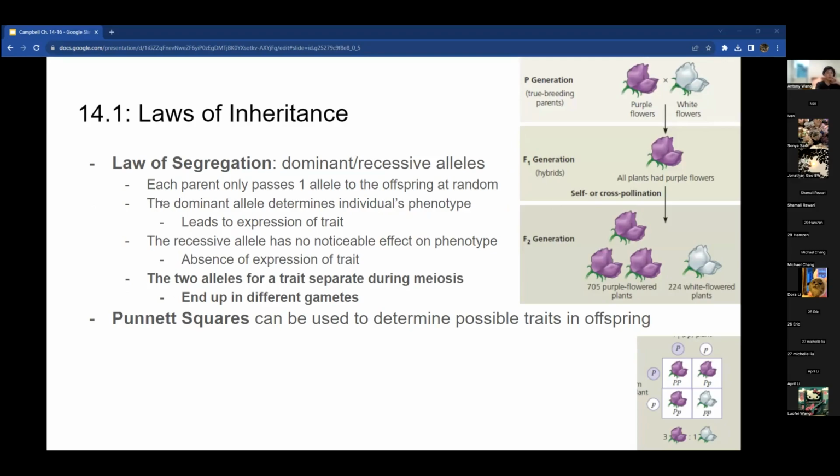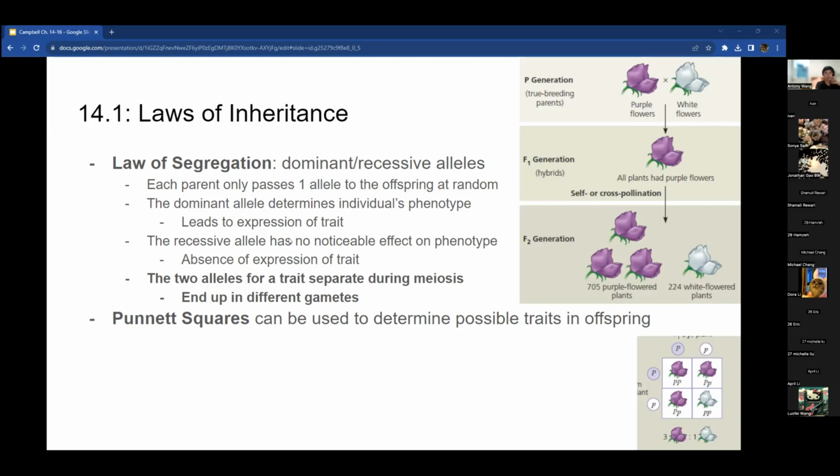There are two types of alleles in simplified Mendelian genetics. There's the dominant allele, which will code for a functional protein. It will do some kind of function. And the presence of a dominant allele, no matter if it's one or two, will lead to a change in phenotype. Whereas the recessive allele has no noticeable effect. It might code for a non-functional protein.